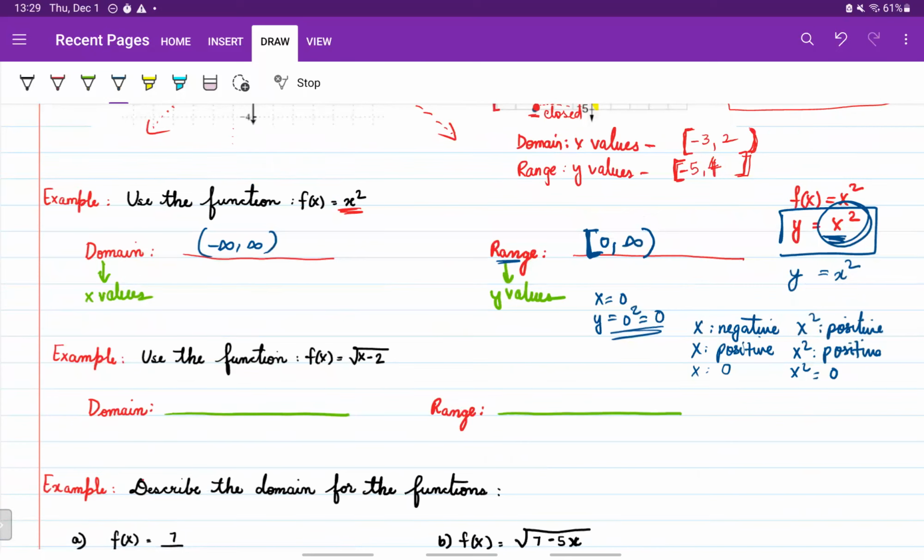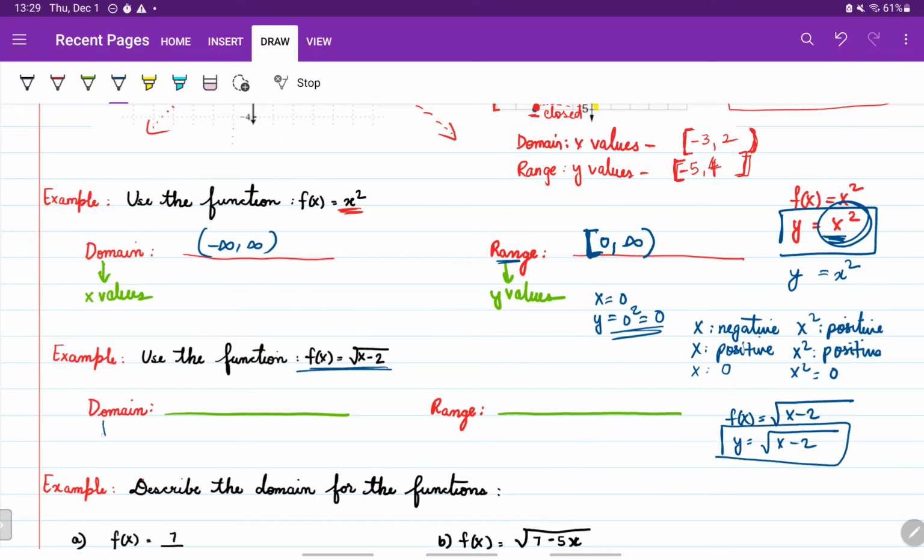And next, we have another function where f of x equals square root of x minus 2. So we have f of x equals square root of x minus 2, which is y equals square root of x minus 2. So what are all the values that x can be?